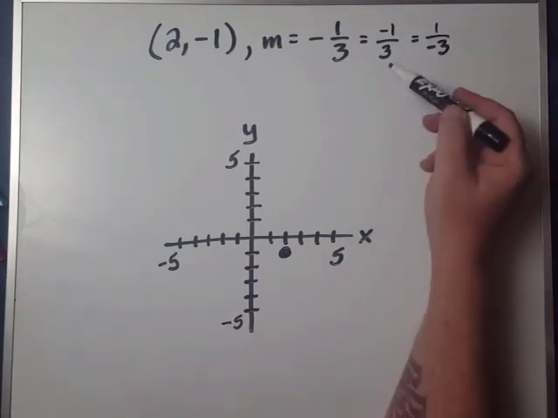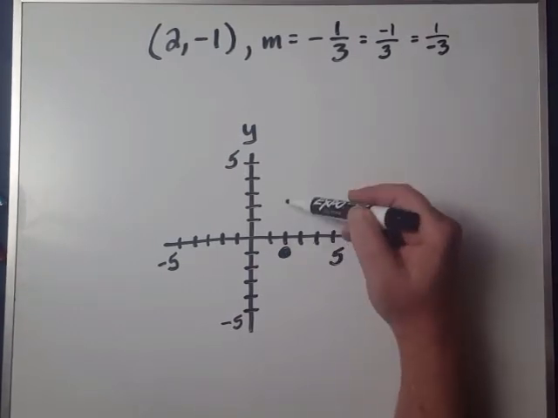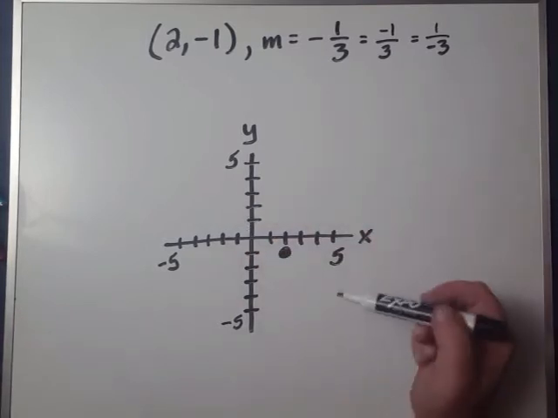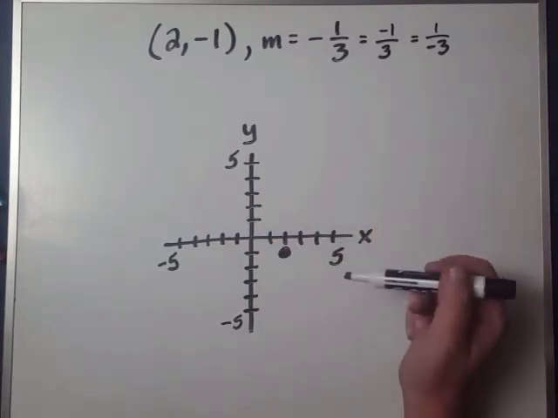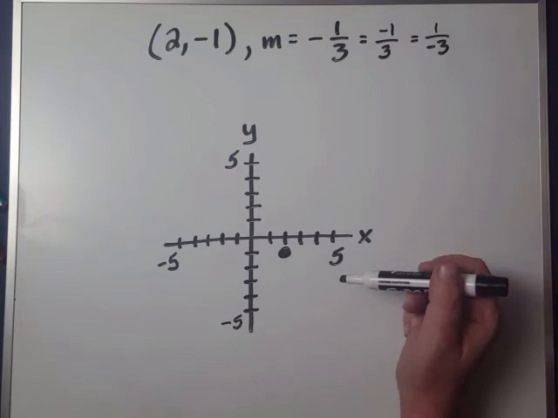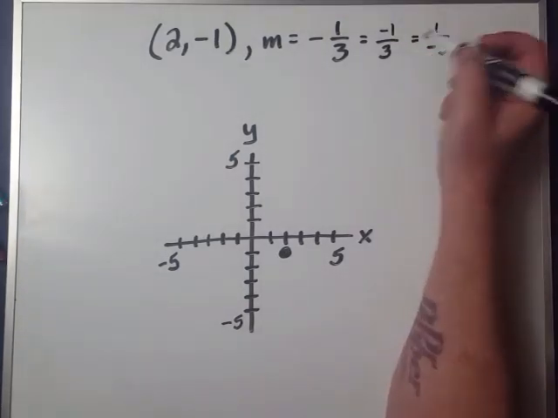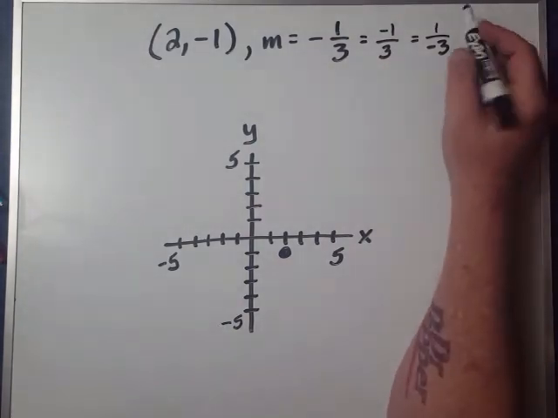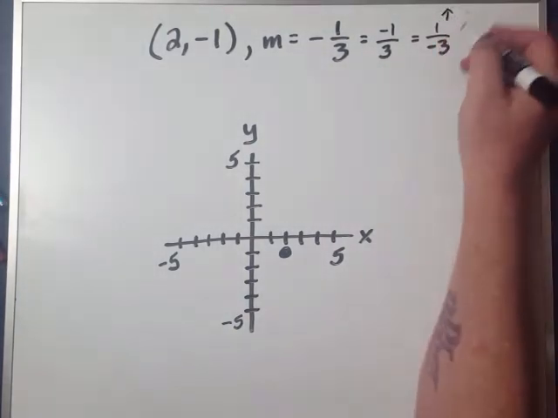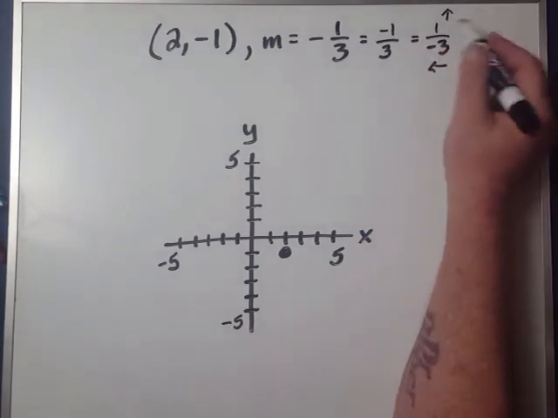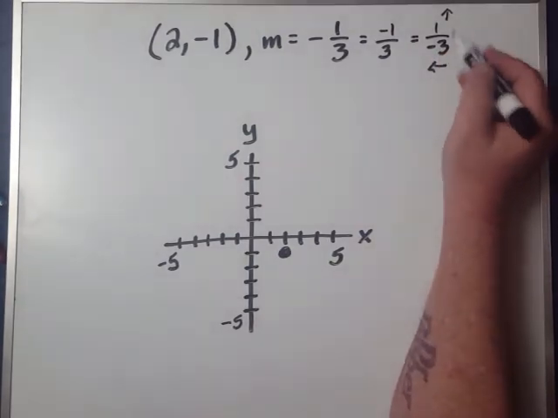I think we're better off going up and back. Not much better off. I don't think it really makes much difference in this particular problem, but I'm going to go with up and back. Up 1, back 3 is what this is telling me. Rise over run.